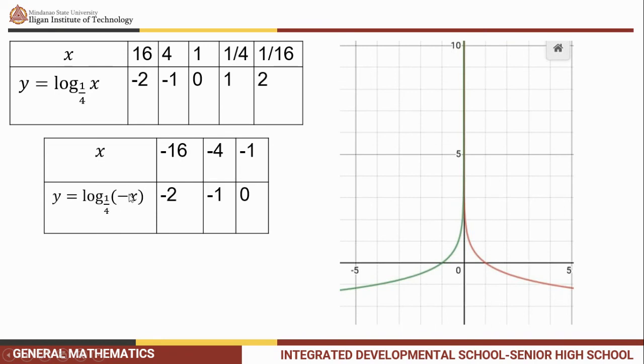And what we observe with the y equals log with base 1/4 of negative x, itong green na color, ito yung function na mayroong negative. At itong isa, which is the y equals log with base 1/4 of x. Na-observe natin that it is just a reflection along the y-axis. Nagre-reflect lang siya.